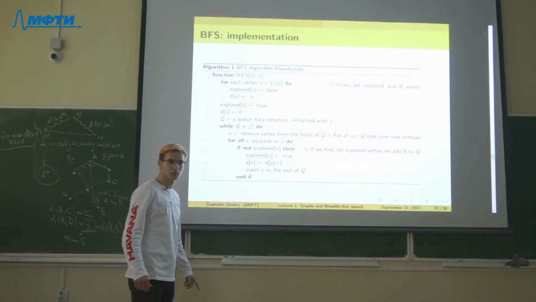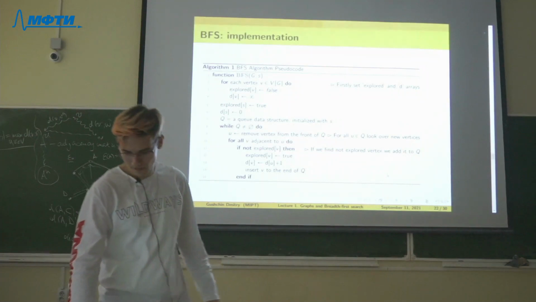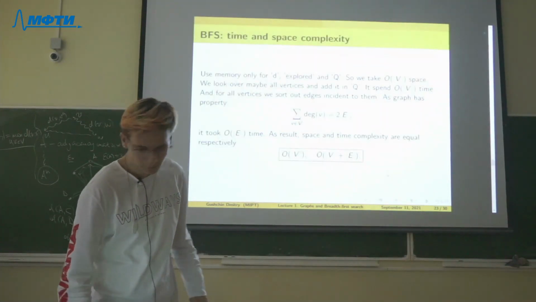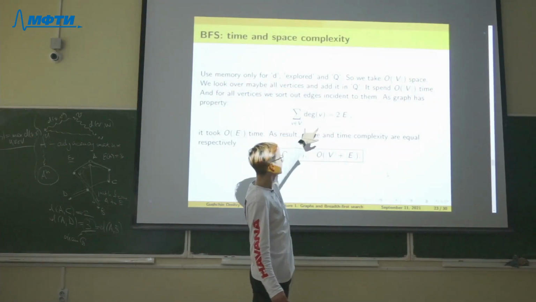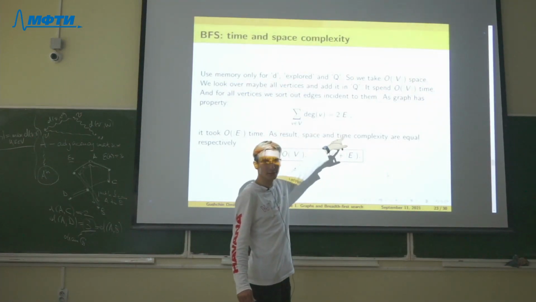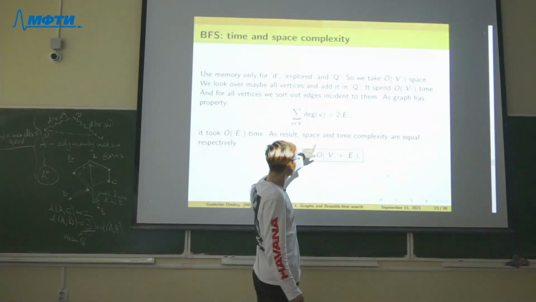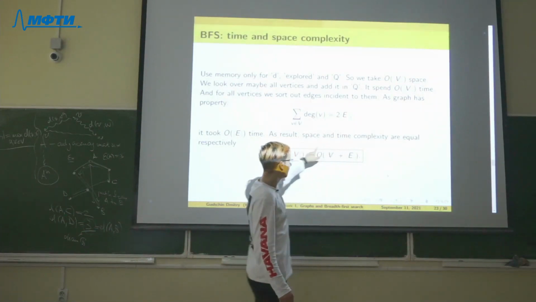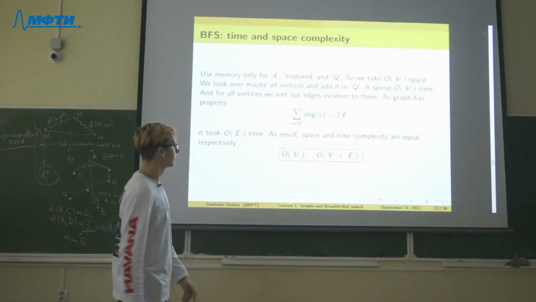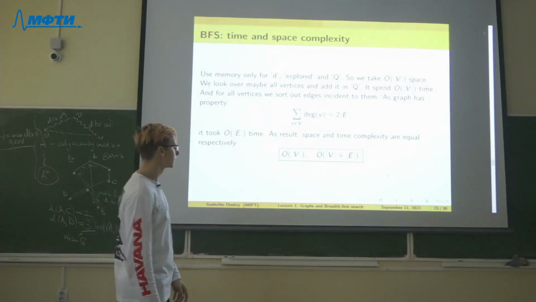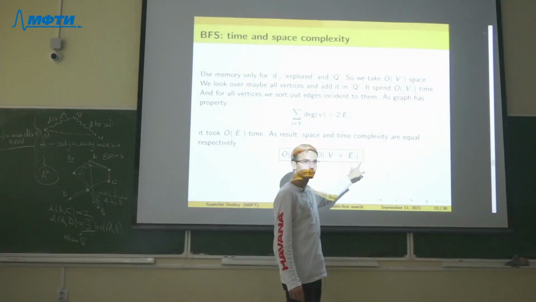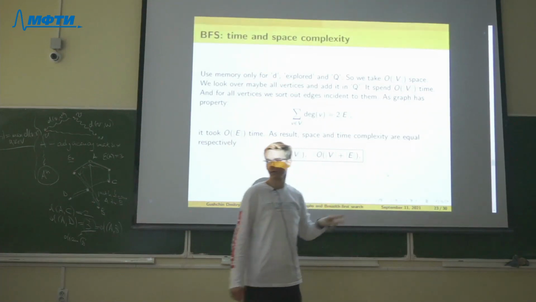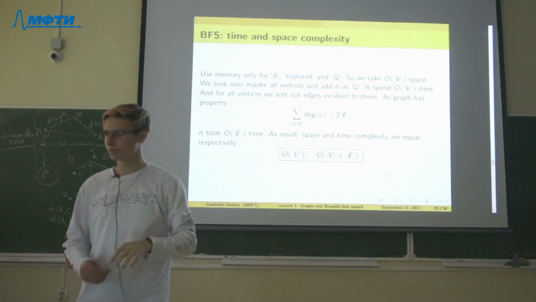Then we know that the sum of degrees is equal to twice the number of edges. So we say that the upper bound of our algorithm is equal to the sum of the number of vertices and edges. Understandable? Any questions?